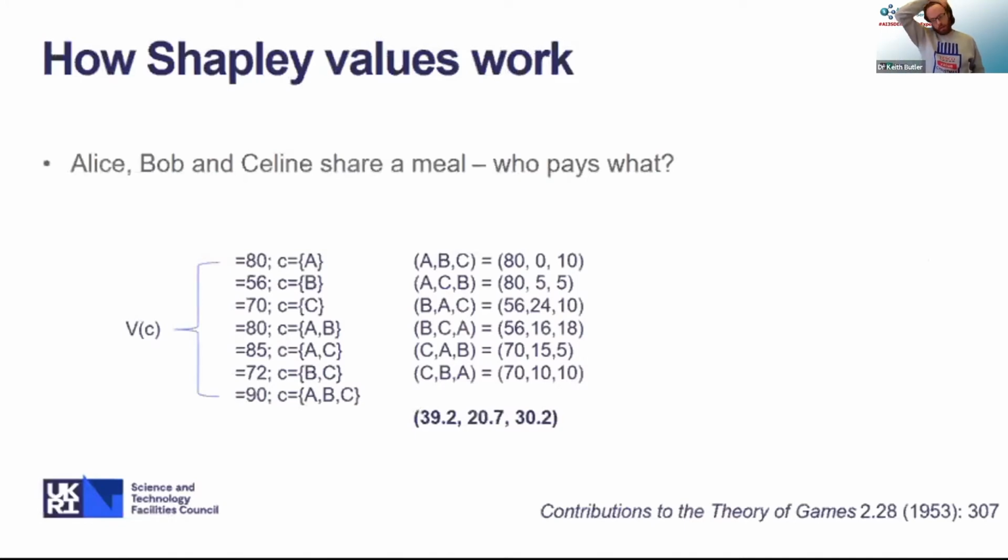So this is just a simple illustrative example, and one that many people will be familiar with. Let's say Alice, Bob, and Celine go out for a meal, and the bill comes to £90. During the meal, they've got some fries, some sides.